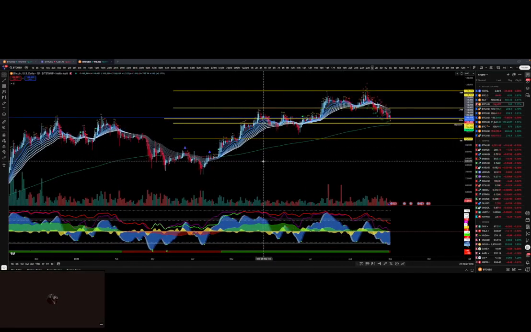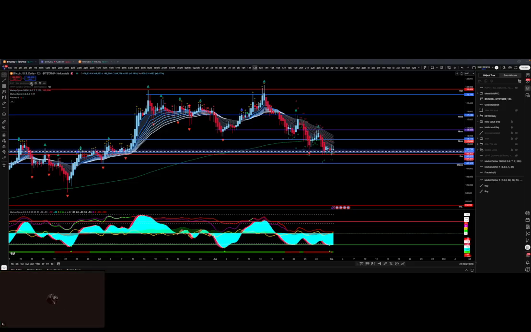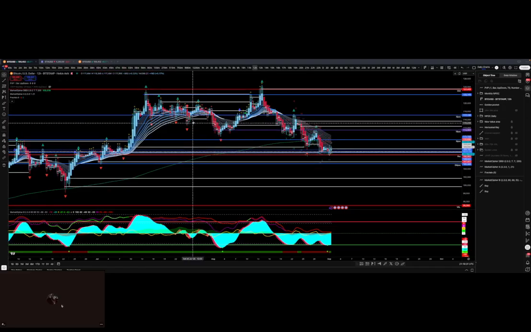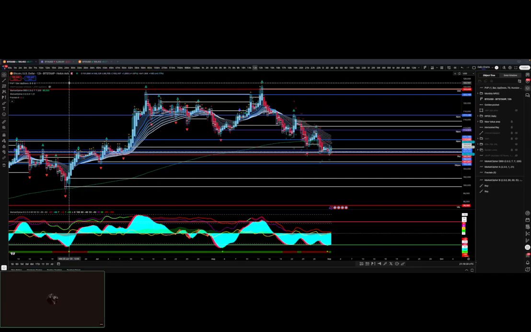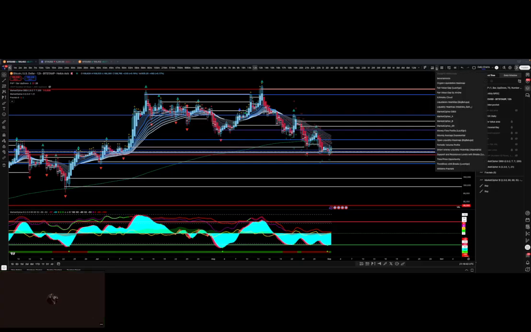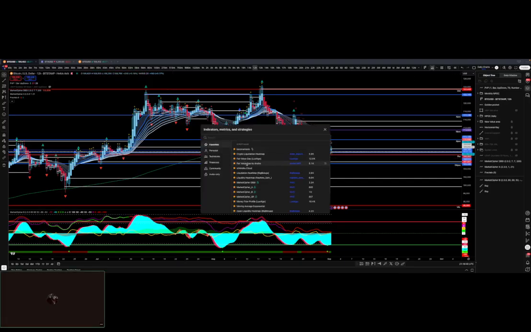Now you go get your dailies, and you can get those easily. You can go to your indicator section, go to the P thing, indicator, and let me pull that up for you right now.